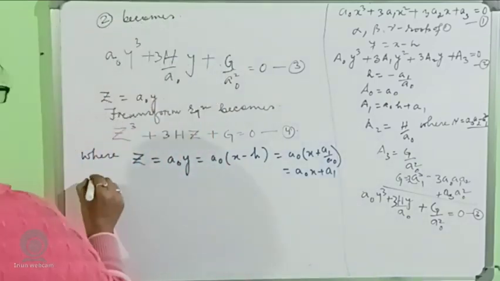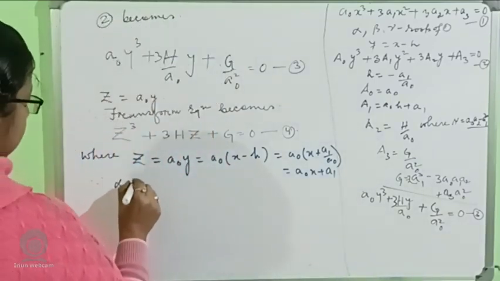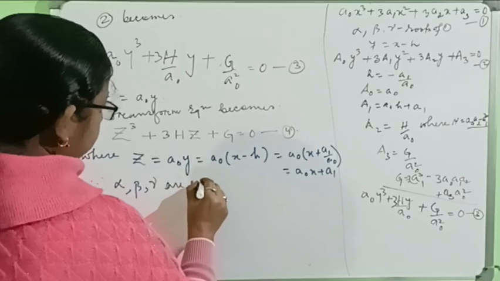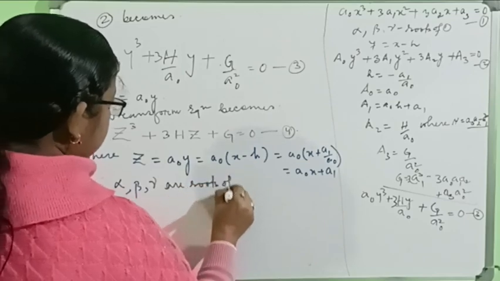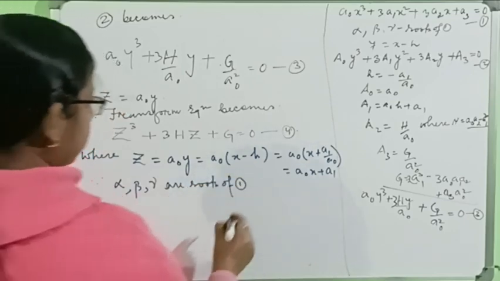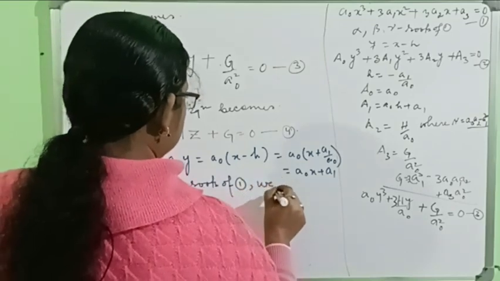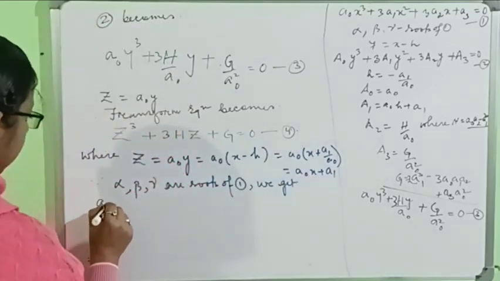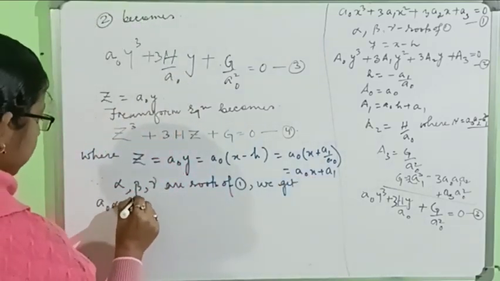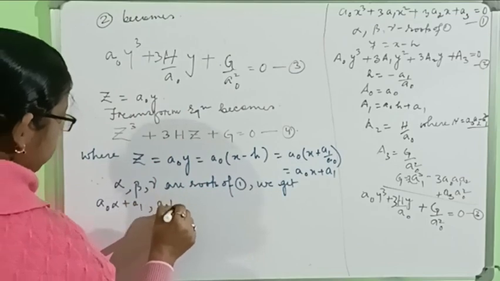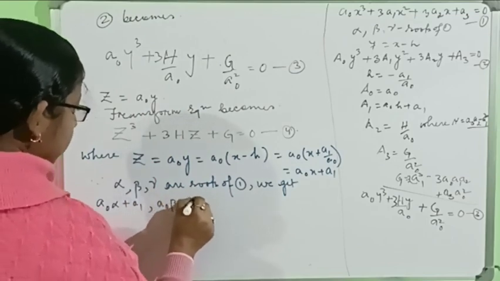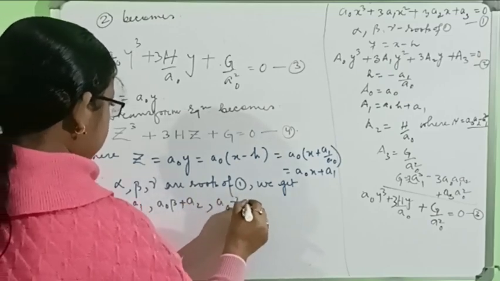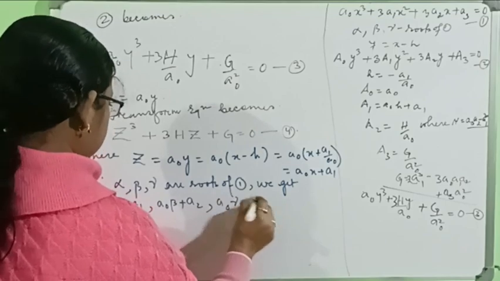Since alpha, beta, gamma are roots of 1, we get a naught alpha plus a1, a naught beta plus a1, a naught gamma plus a1.